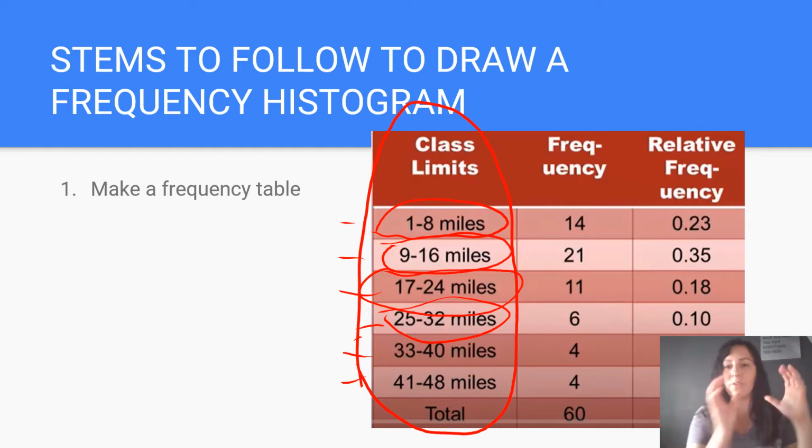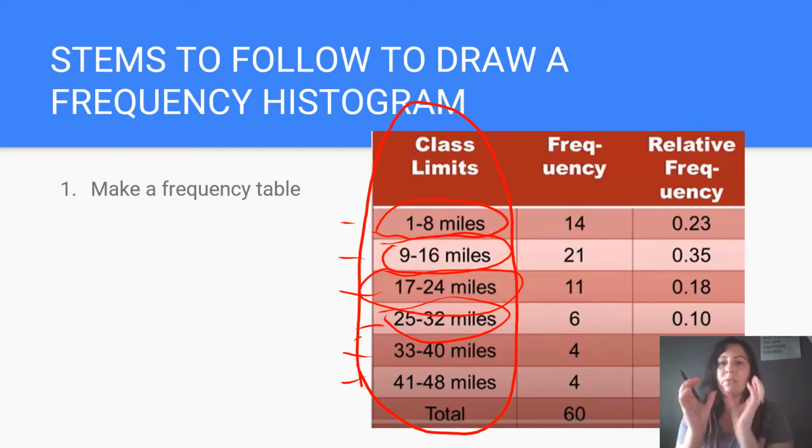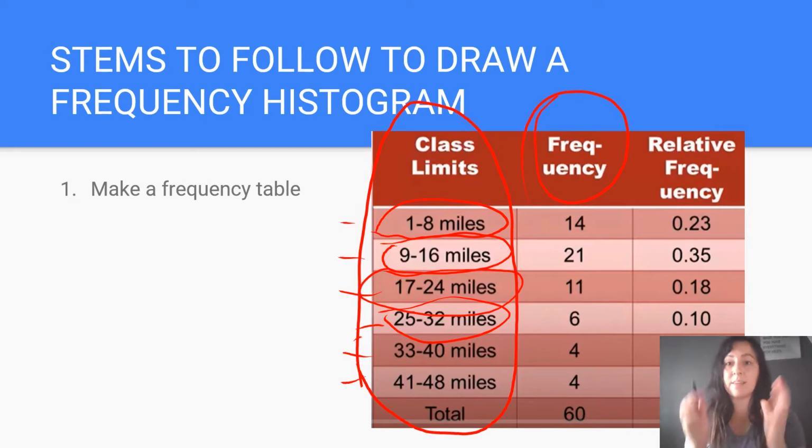For the first 8 miles, what is the frequency? Like how many people were able to run 8 miles, if that's what we're trying to figure out? The frequency would be how many people.